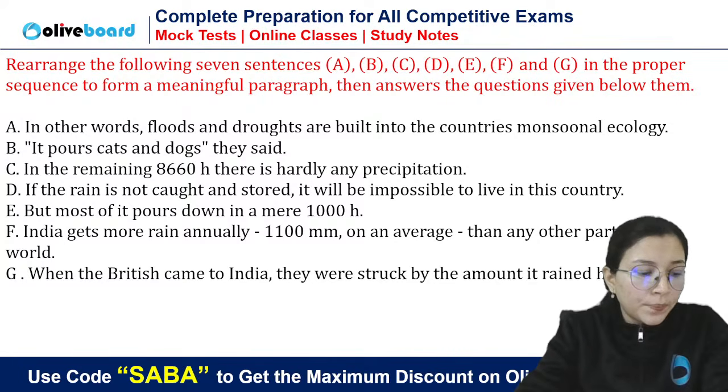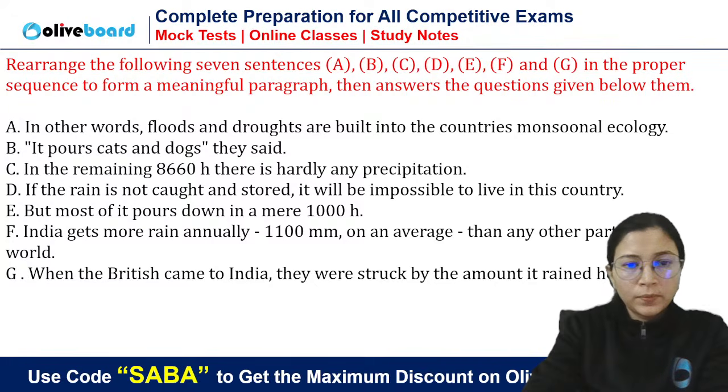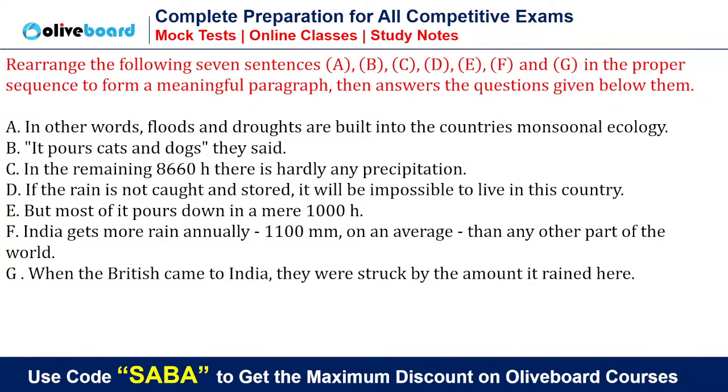Chalo, quickly do this. Hmm. Achha, is it always necessary that short ones will be easy only? Sometimes short ones become more confusing, okay? So don't form such a notion that a lengthy one will always be tough.